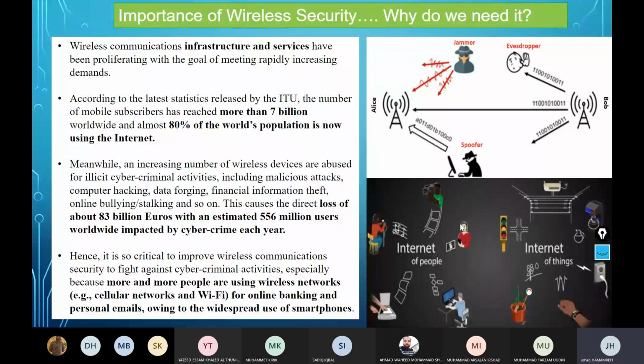Now here, the name of the course is wireless security, but what about wired? What's the key difference between wired security and wireless security? We all know that the internet started almost in 1990, 1991, the World Wide Web. At that time, we didn't have smartphones.